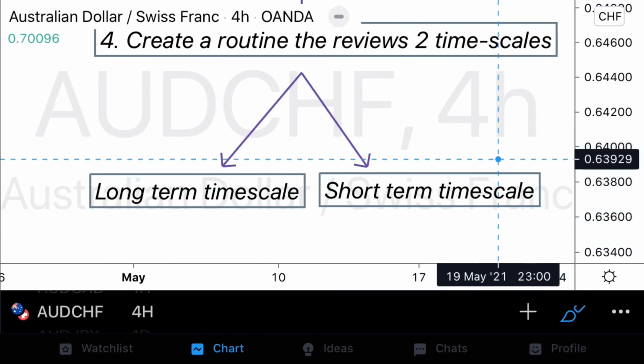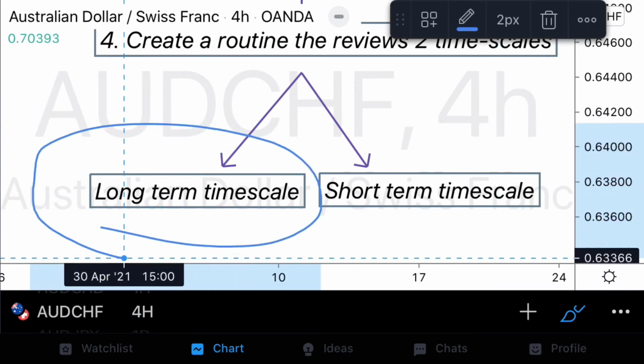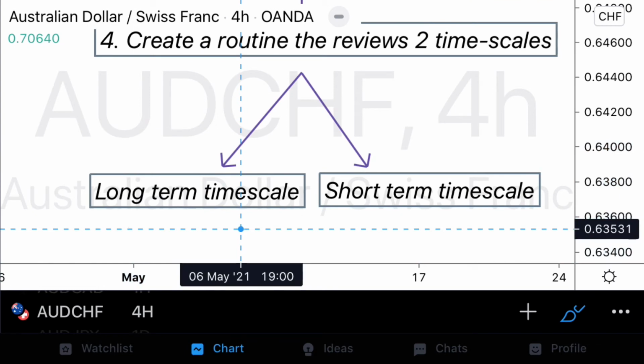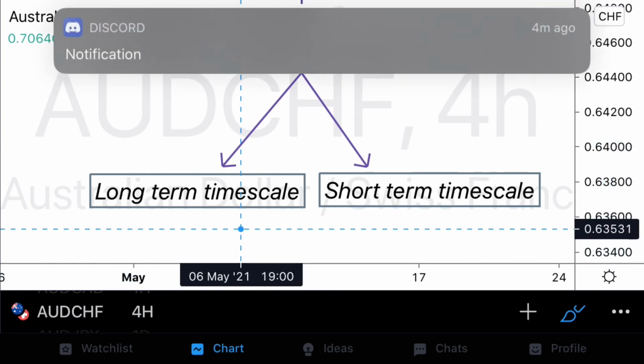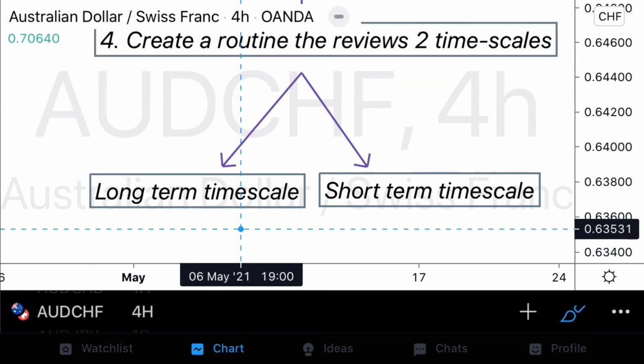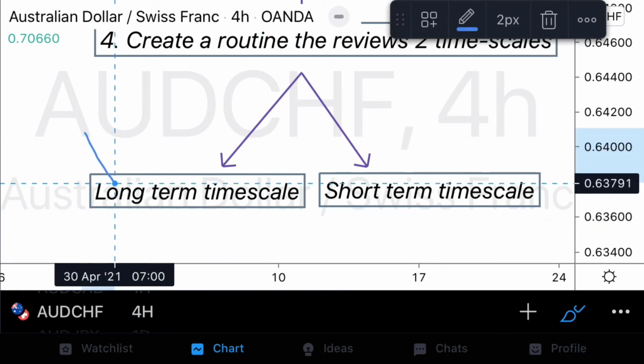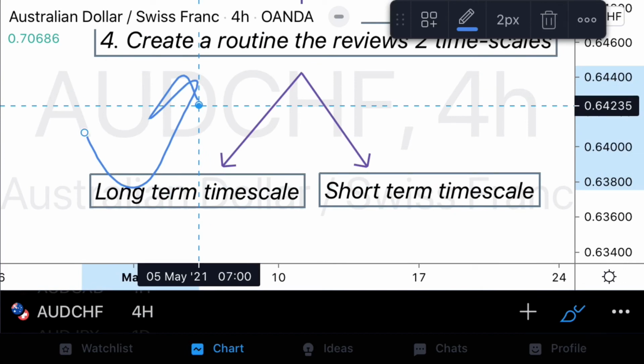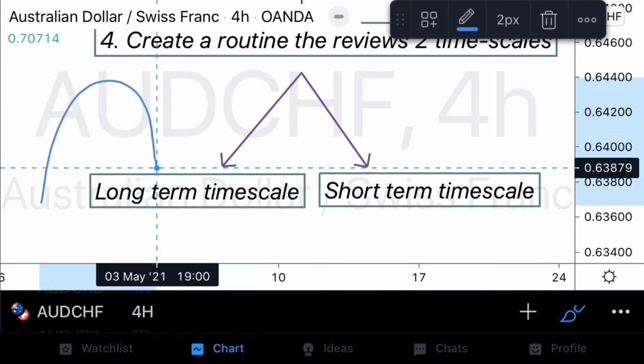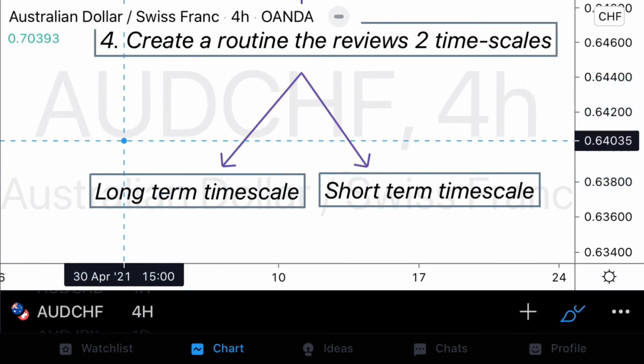We need to create a routine that allows us to analyze the market for a long-term timescale. For example, guys, we love to analyze the pairs that we've chosen every week to see what we could be expecting over the next week. That is the long-term time scale that we are looking at, whether we're looking to be bullish for the next week on a certain pair, or bearish for the next week on a certain pair.